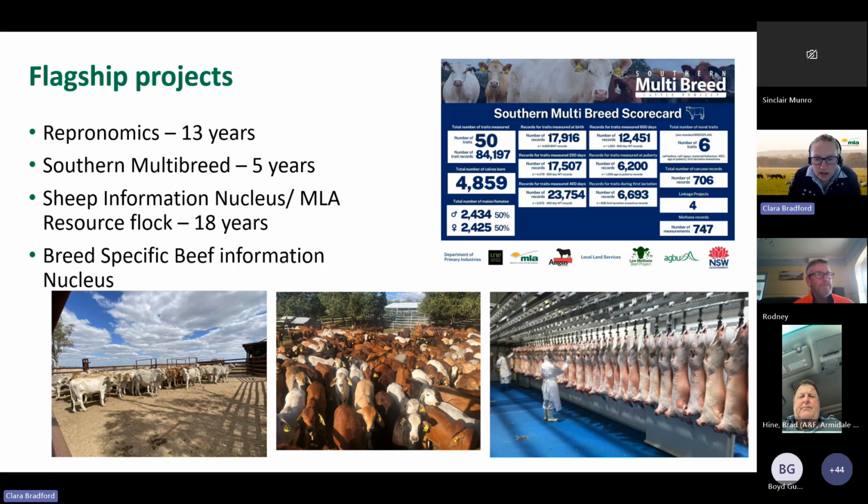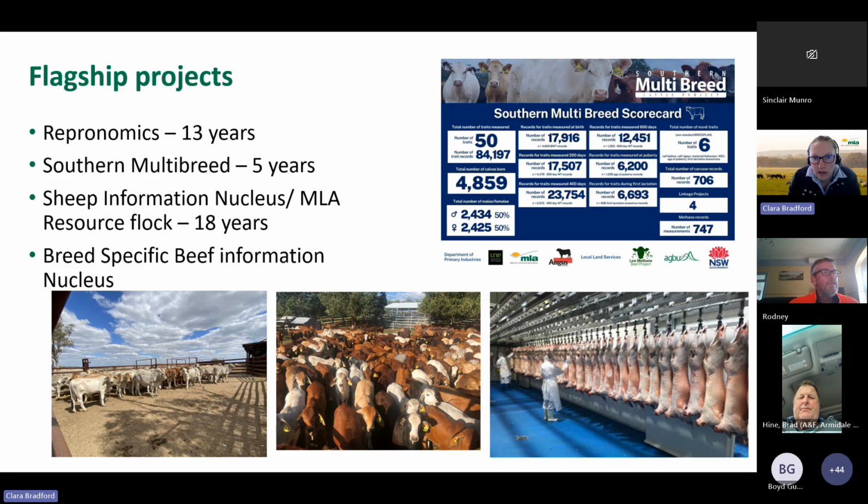But the other thing that's also worth mentioning is outside of these core projects, our industry has also contributed to our reference population animals, or the size of our reference, by recording animals within seed stock herds and flocks for multiple traits and then taking a genotype on those animals.